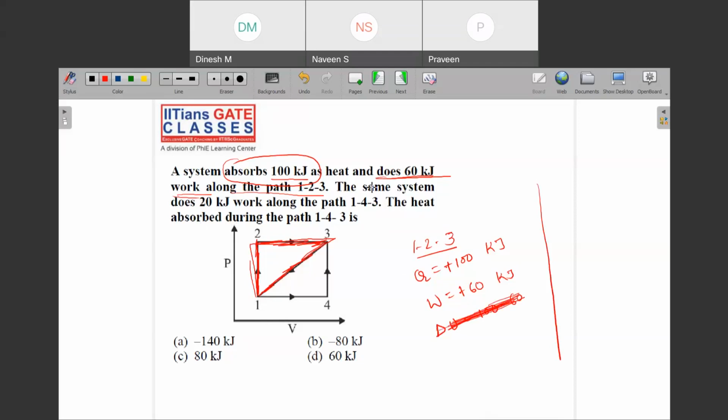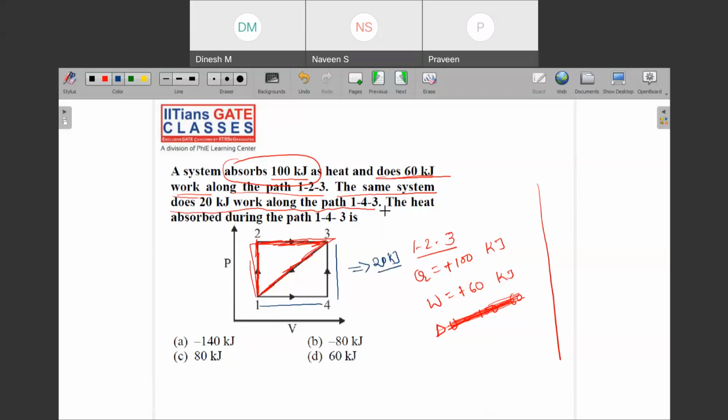Let us look at this question again. It says that the same system does 20 kilojoule of work along the path 1 4 3. When you are using the path 1 to 4, 4 to 3, the system does 20 kilojoule of work.